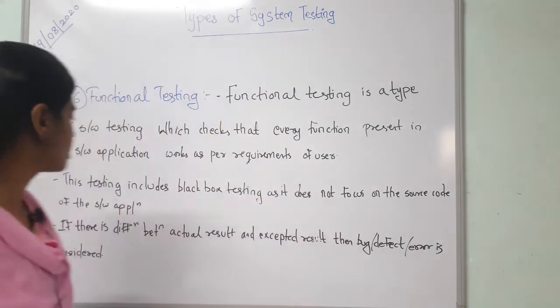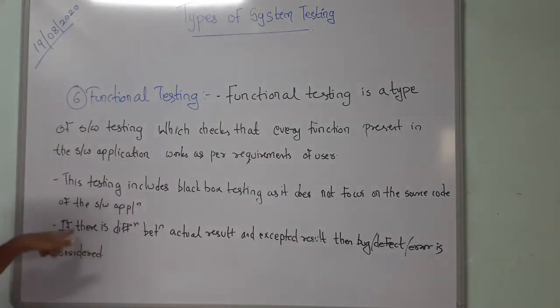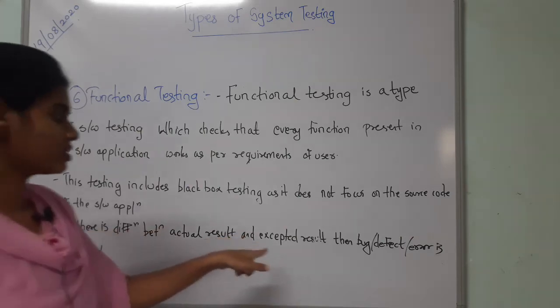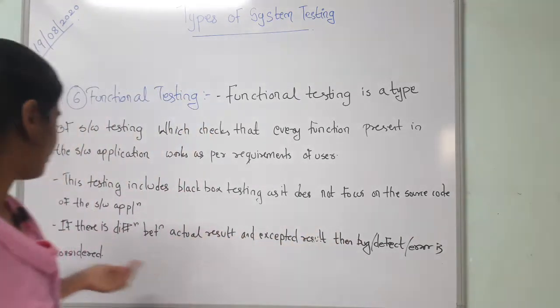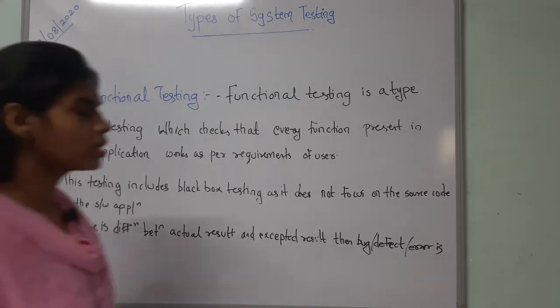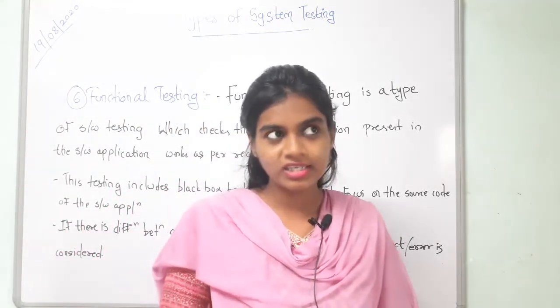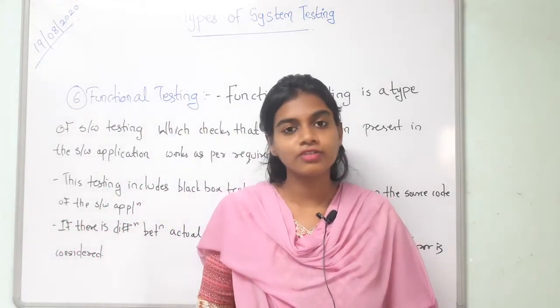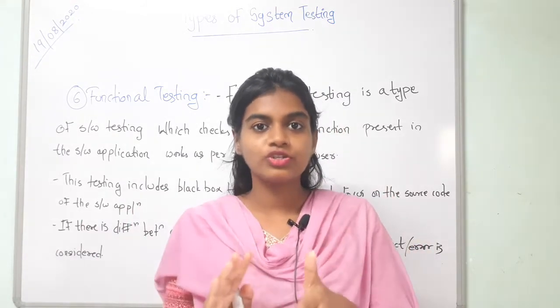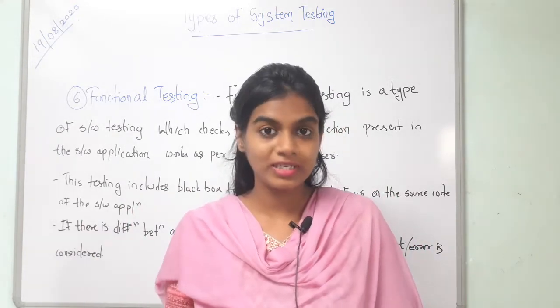And if there is a difference between the actual result and the expected result, then it is considered a bug, defect, or error. At the start of this software engineering subject, in the first video, I taught you about software testing.